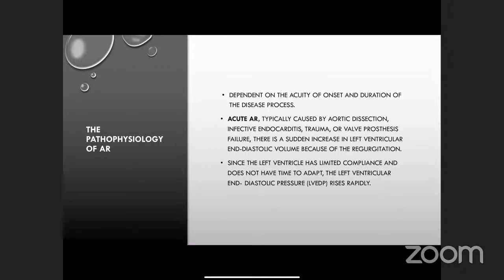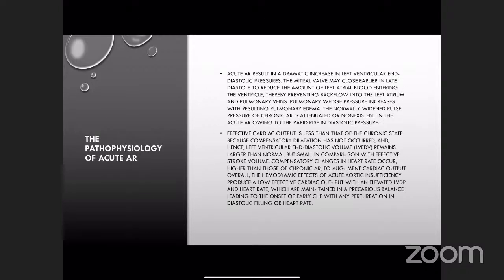This is a sudden increase in left ventricular end-diastolic volume because of regurgitation; since the left ventricle has limited compliance and does not have time to adapt, the left ventricular end-diastolic pressure rises rapidly.